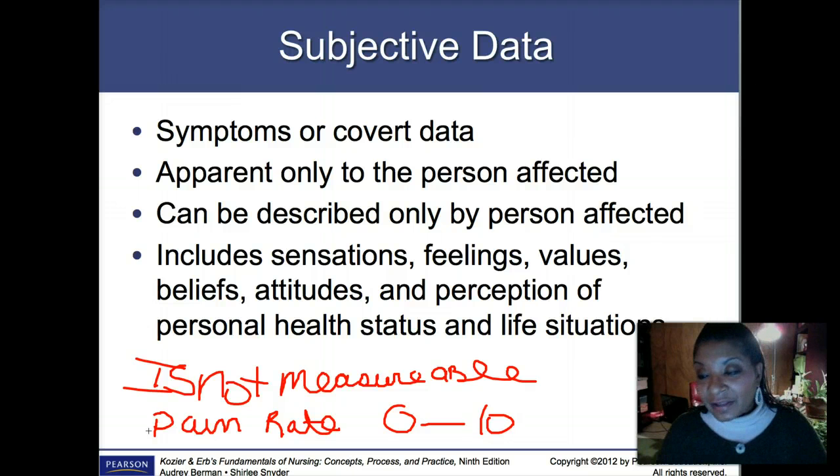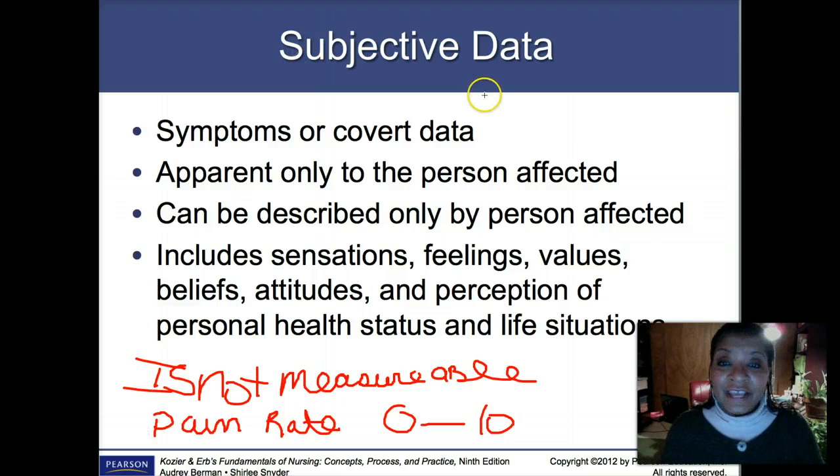We ask the patient to rate pain so that we can have an idea of what to implement, what to give them, how to address it, but it is still subjective data because I cannot accurately or truly measure it with any kind of instrumentation.